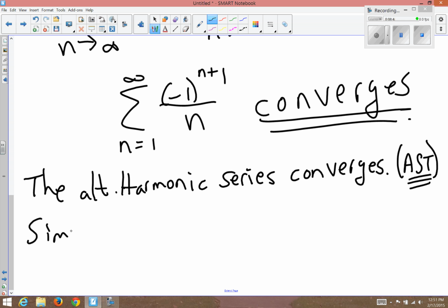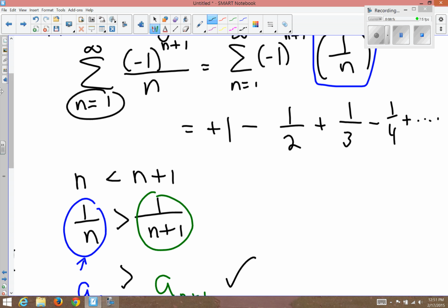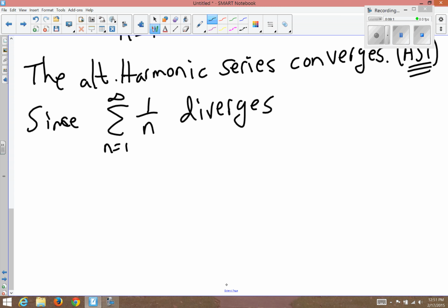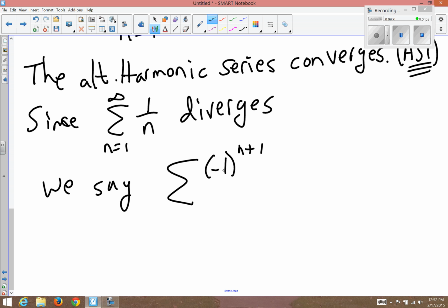But since the regular harmonic series, which is this series but with all positive terms, diverges, we say the alternating harmonic series, the one that has the -1 to the n plus 1 over n, does not converge absolutely.